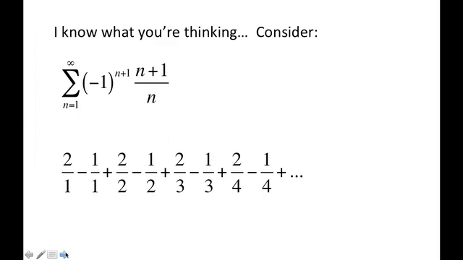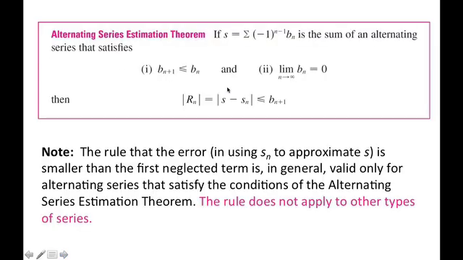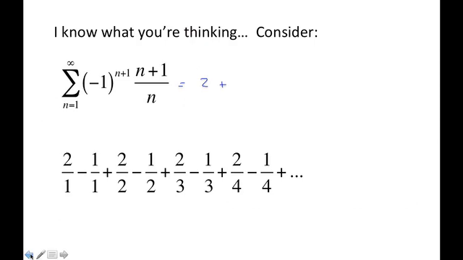This one we already looked at. That's the one we just looked at. When we plug 1 in, we get 2 over 1. When we plug 2 in, we get 3 over 2, except that should be a minus, plus 4 over 3 minus 5 over 4.